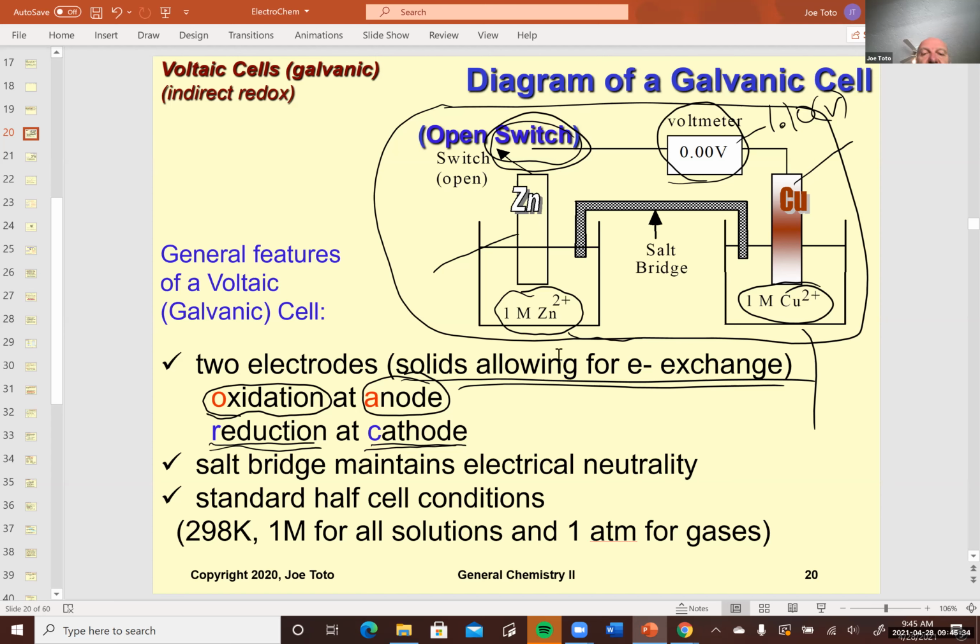And we can take out this zinc electrode and weigh it. And we find when we weigh this, the zinc electrode loses mass. And the zinc solution here increases in concentration.